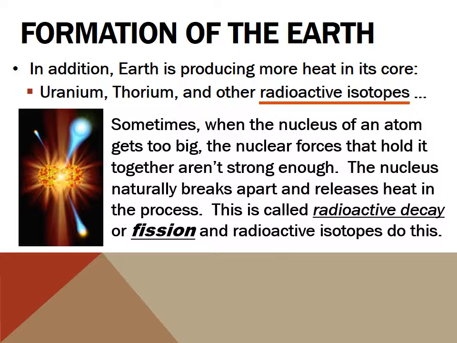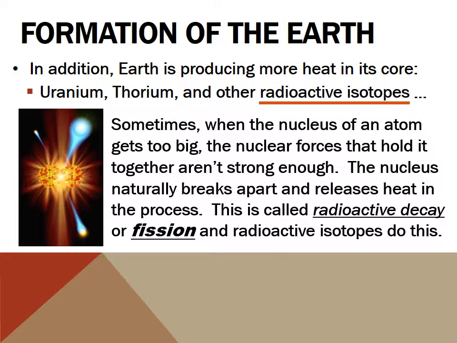So basically, we're talking about this process of fission, where nuclei will break apart, and in the process, they send out heat, and the two particles become a little bit more stable than the entire thing was before.